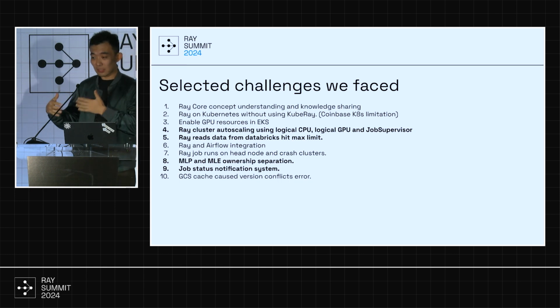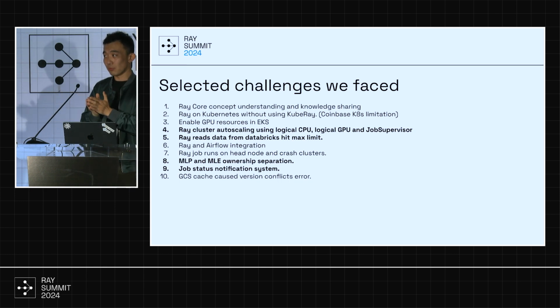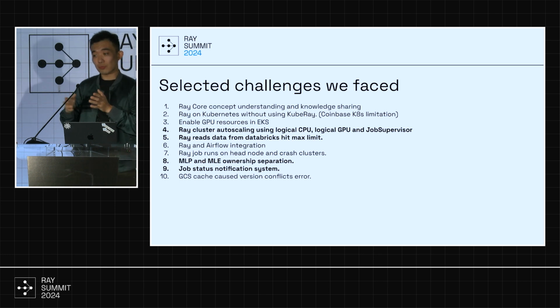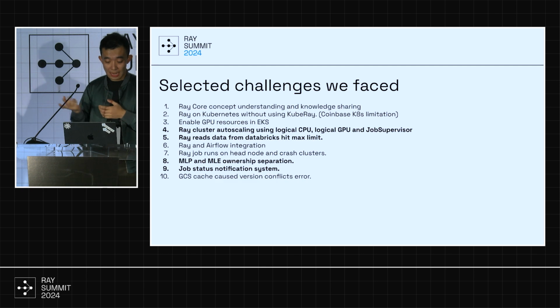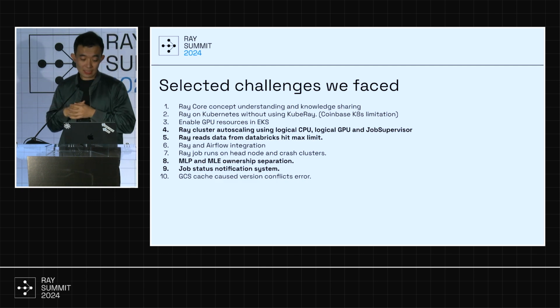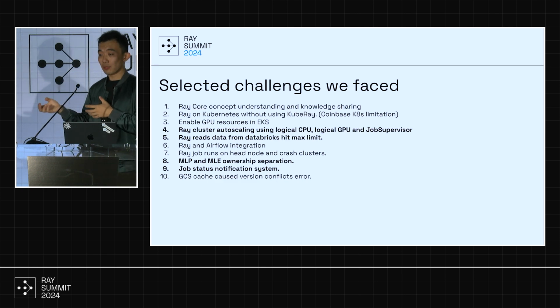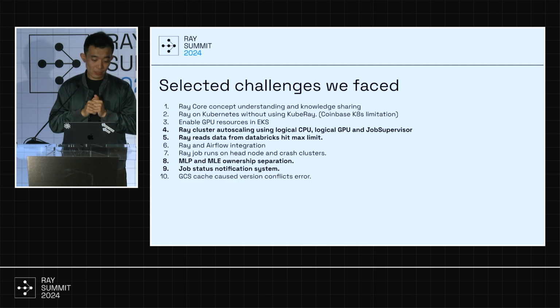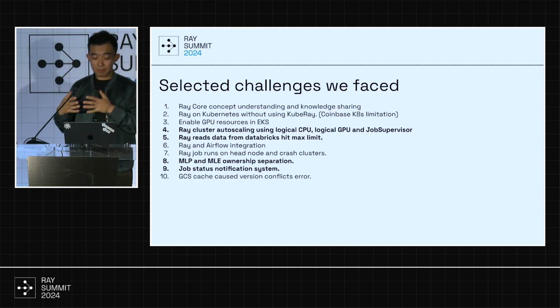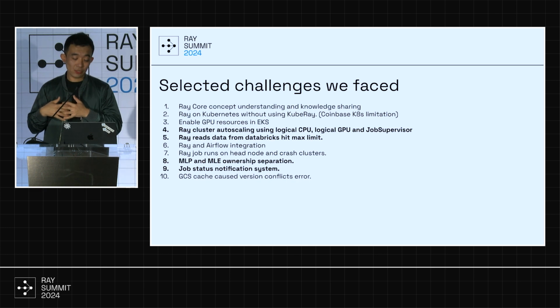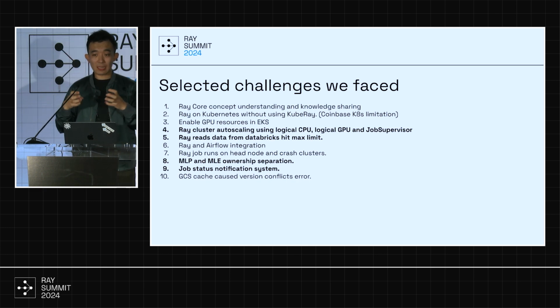Using this logical CPU GPU, when you are having high logical CPU GPU, that means you need the resource and you need to scale, right? We had this problem of reading data from Databricks, so we resolved it by introducing Ray Delta Sharing. And also the MLP and MLE ownership separation. Before, everything was mixed together.